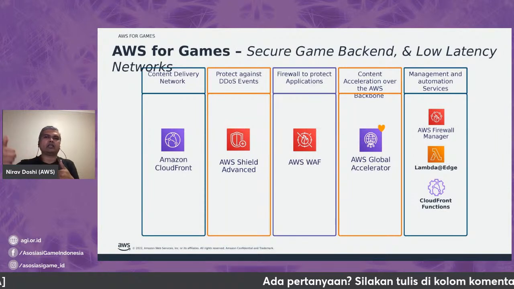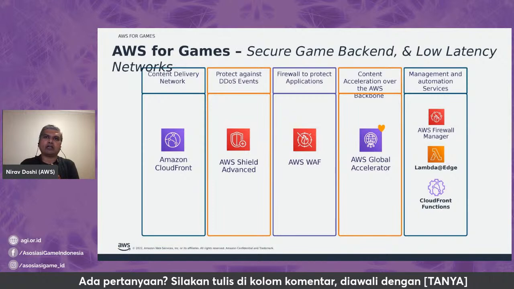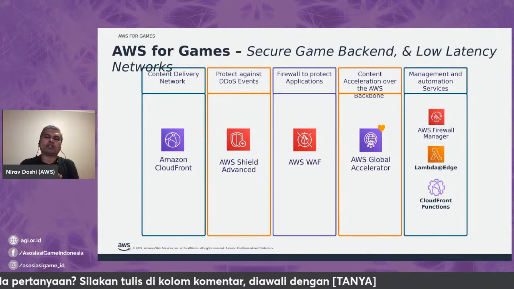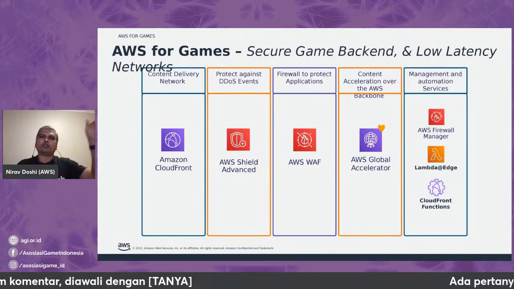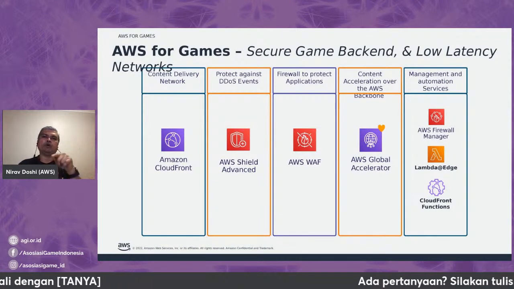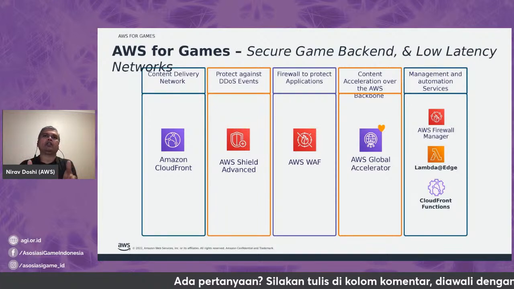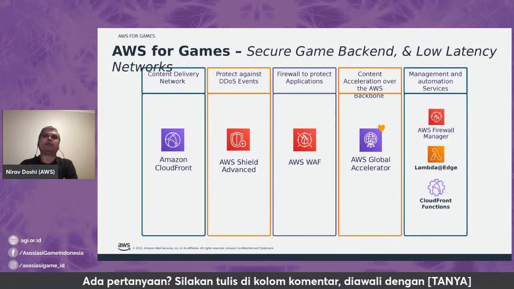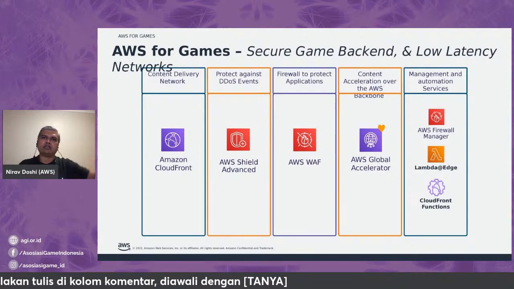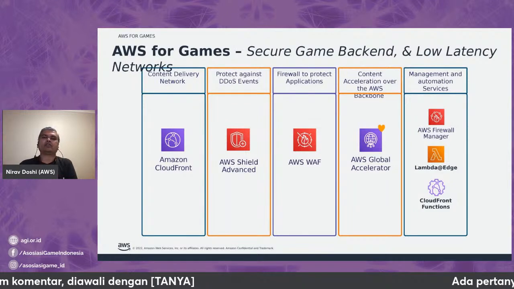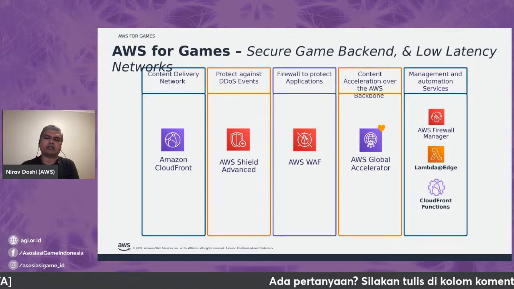So if your server is residing in a European region, and your player is in Jakarta, as an example, we have a POP in Jakarta which will traverse the AWS backbone, which is a very fast backbone versus the public internet. Your player will be connected to the nearest POP, and the POP will traverse the AWS network to reach your servers sitting in Europe. So it reduces the latency that the players would experience.